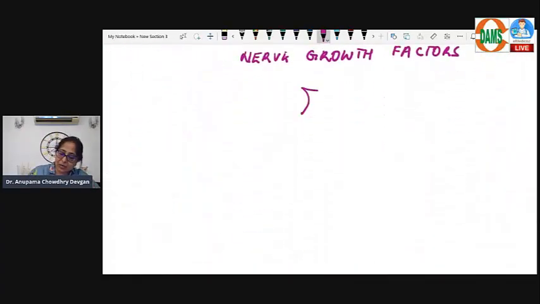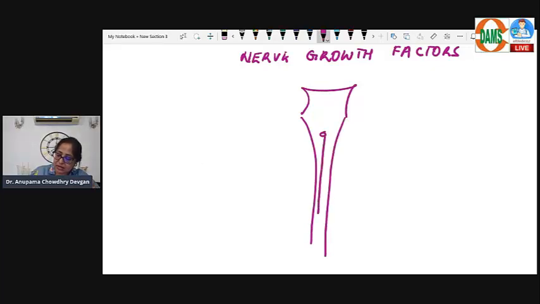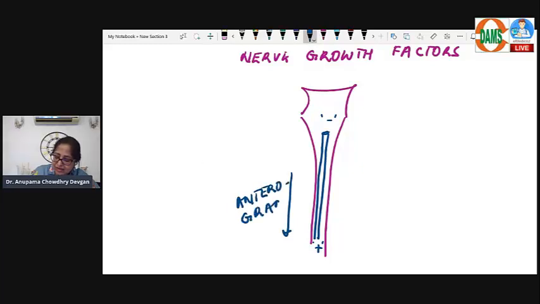Somebody was asking me what is the difference between a microtubule and a molecular motor. Microtubules are hollow tubes which are present inside the axoplasm. They have a plus end away from the cell body, and a minus end over here. Movement towards the plus end is known as anterograde transport, and movement towards the minus end is known as retrograde transport.